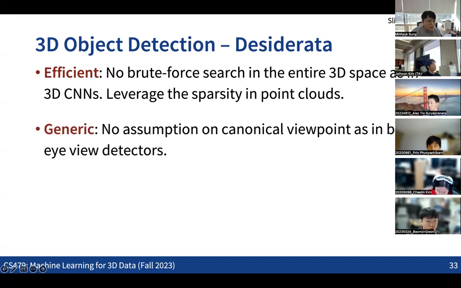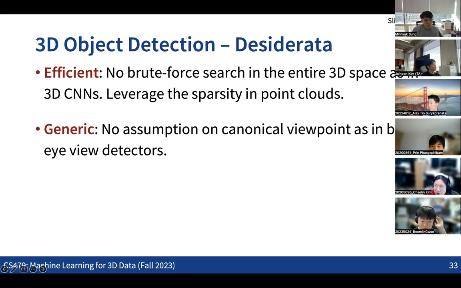The second thing is that we don't want to assume any canonical viewpoint when processing all this 3D information. Instead of picking some specific view, how can we utilize all the 3D information in a way that we can also handle very complex arrangements of 3D objects?